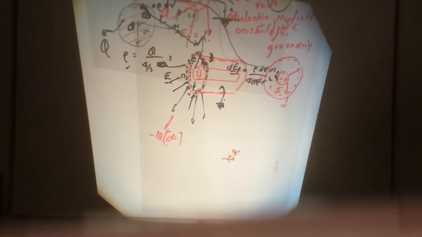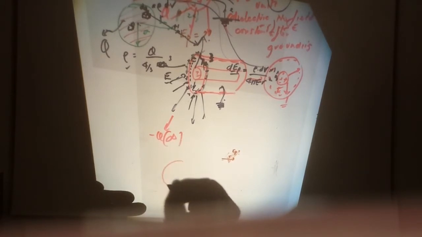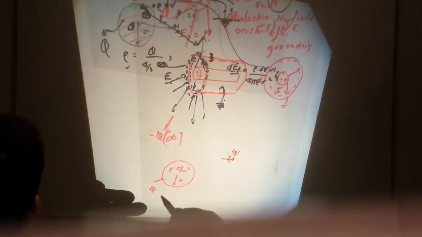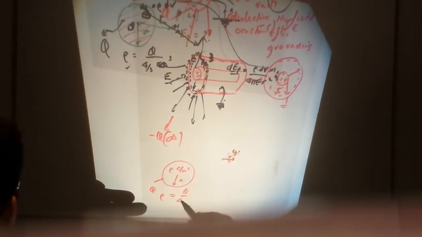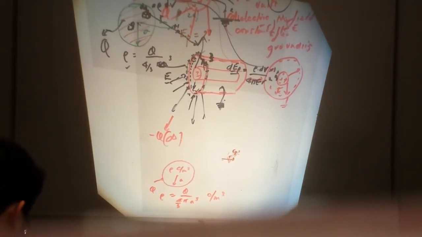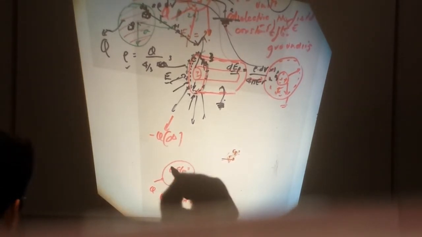This is my ball of charges. This is rho, coulomb per meter cube. The total charge is Q, and the radius is A. Therefore, rho is Q over 4 over 3 pi A cubed, coulomb per meter cube.